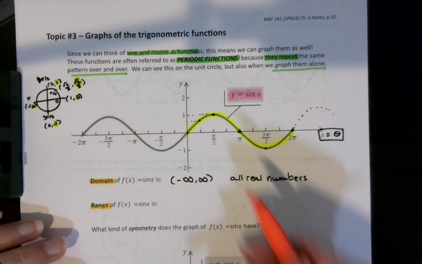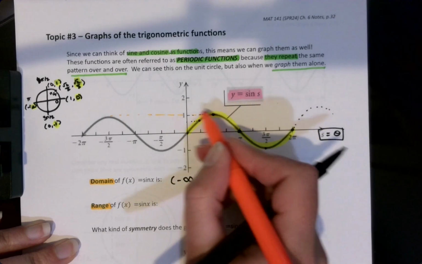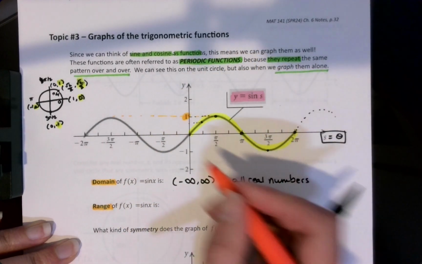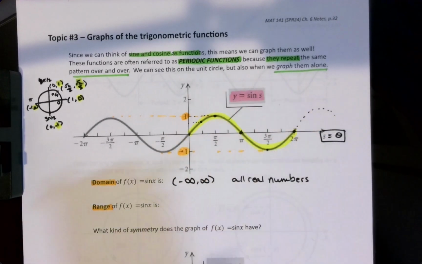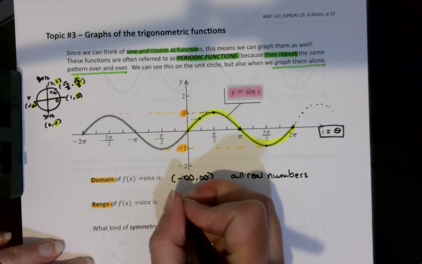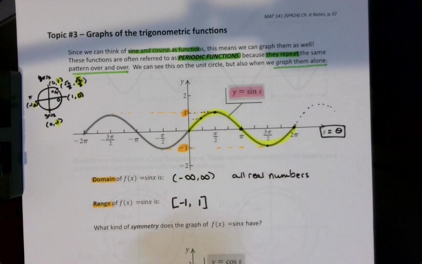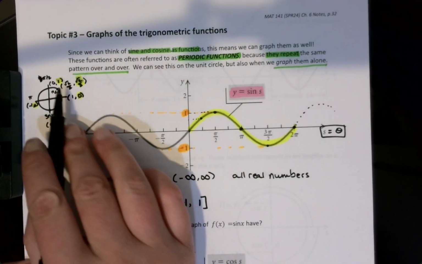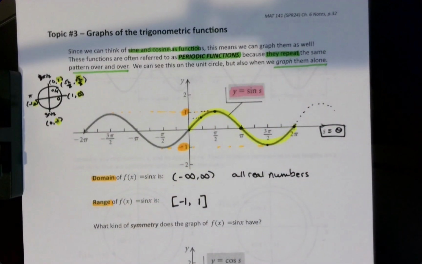The range, notice that the highest y value we would ever get to is 1, and the lowest y value that we would ever get to is -1. So the range is going to be the interval from -1 to 1. It's because we're on a unit circle, and the highest the y coordinate can be is 1, and the lowest is -1. In between, it's in between those values.